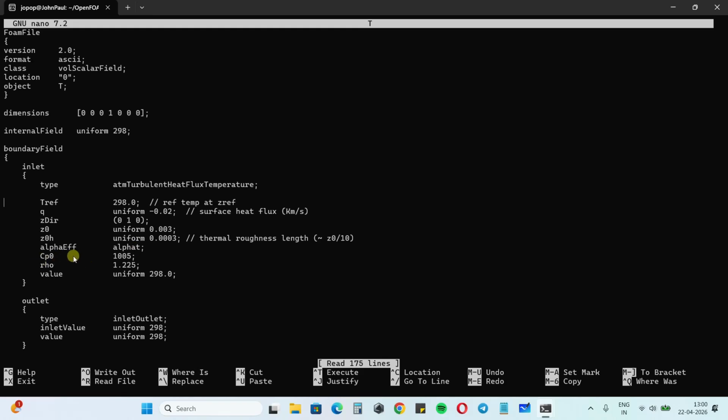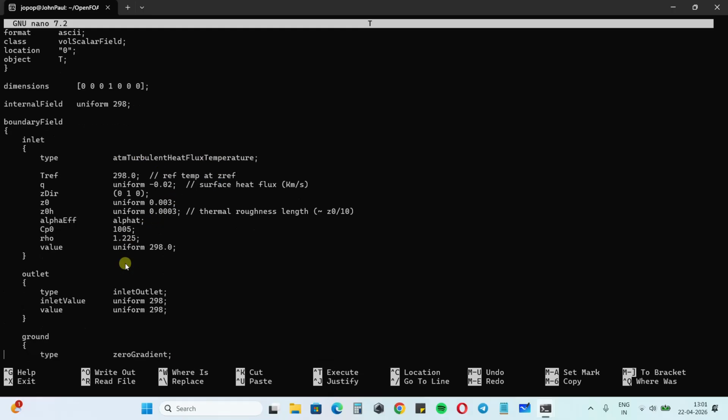Then you have the specific heat capacity and density of the fluid, which is air. So that's the inlet. Using these parameters you calculate the Obukhov length, and then you have the stability parameter set by L. That completes the wall function.